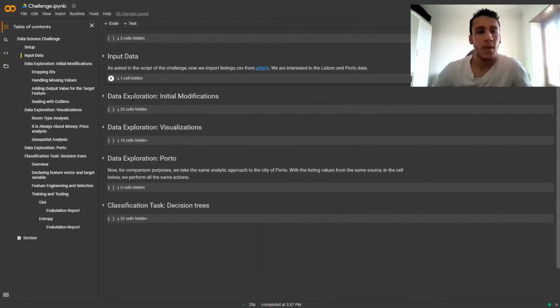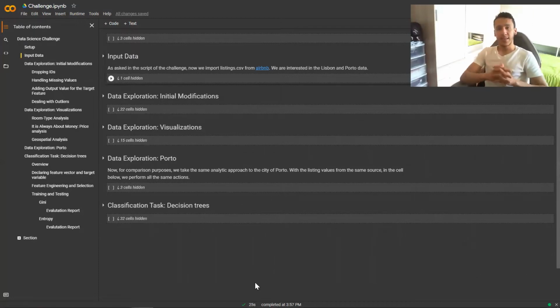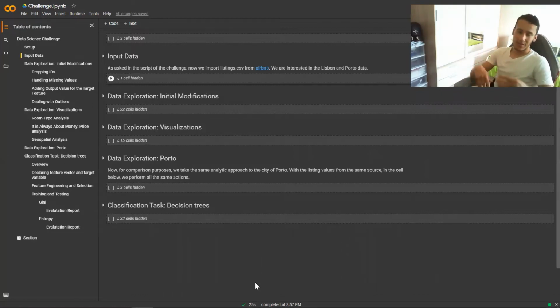Next, we advance to the data analysis. So the data analysis is the part where we deal with missing values, we deal with outliers, and we see how our data is distributed in space, either space or price, and is more like really statistics based.